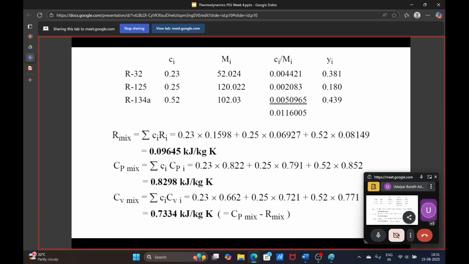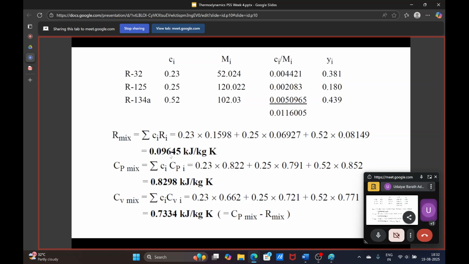So R mix is the summation of Ci into Ri. 0.23 for R32 into the gas constant of R32, which is 8.314 divided by 52.024, gives 0.1598, plus 0.25 for R125 into the gas constant of R125, and similarly 0.52 into the gas constant of R134A. That gives you the gas constant for the mixture R407, which comes out to be 0.09645 kilojoule per kg Kelvin.